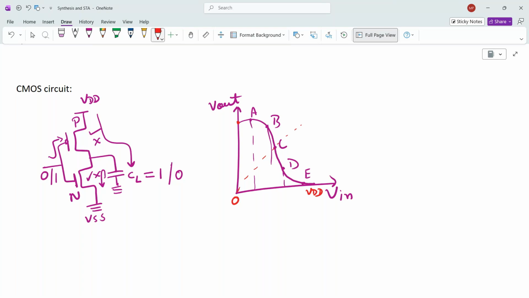And during the switching, what is happening?